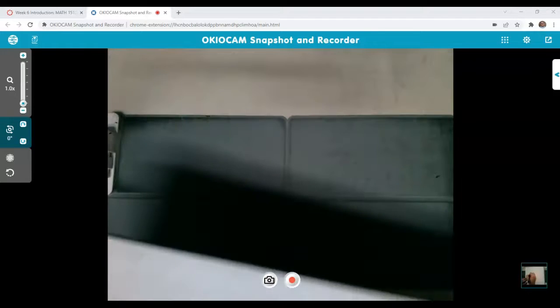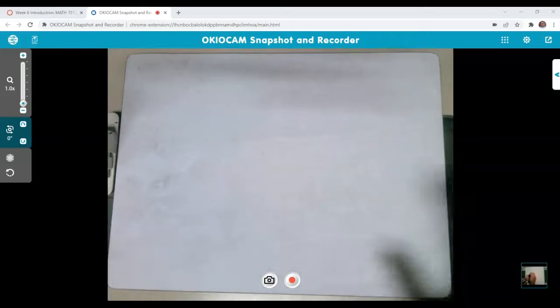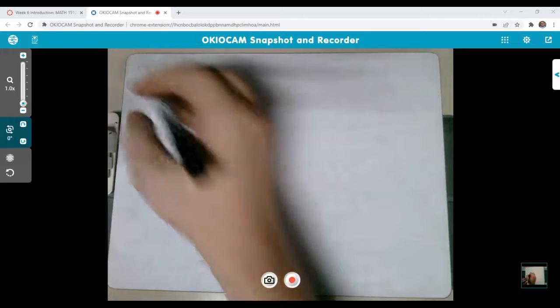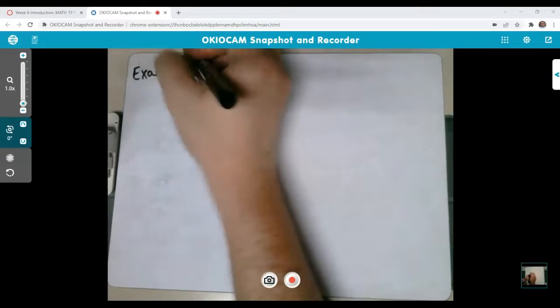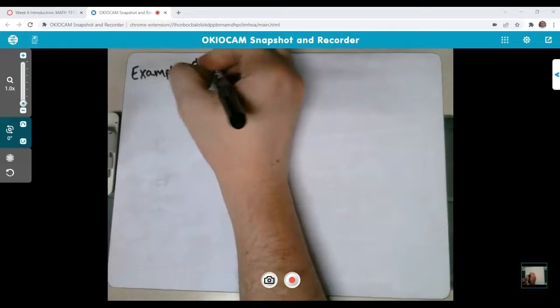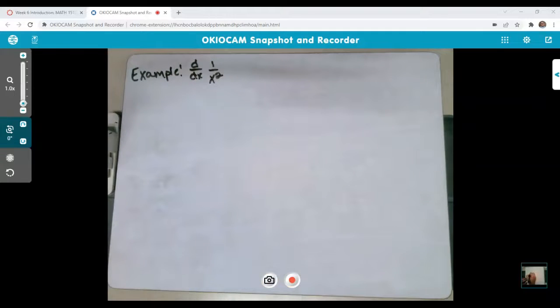Let's do some more examples. We can actually use this to find derivatives that don't look like you could use the power rule, but you actually can. So for an example, let's do the derivative of 1 over x squared. Now this doesn't look like we could use the power rule because it's 1 over stuff, right?